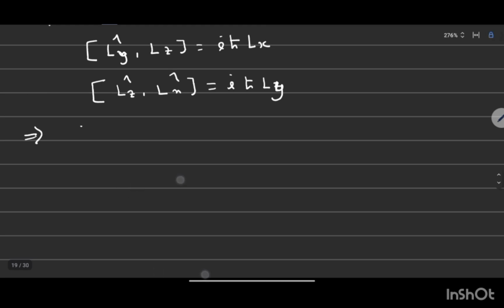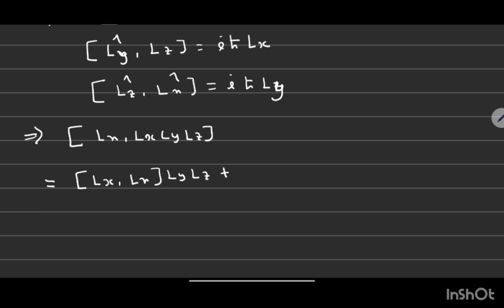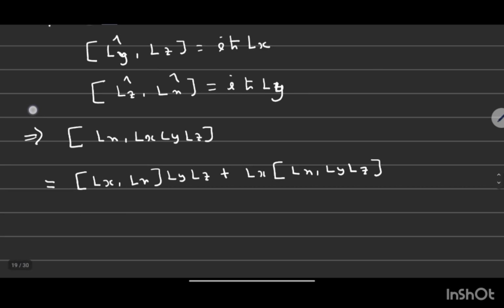The given commutation relation is, for the sake of easiness of writing, I am going to omit the cap which denotes the operator. So I have [Lx, Ly Lz], which I will be writing at first as Ly [Lx, Lz] plus [Lx, Ly] Lz. This is using the distributivity property, as you can see here.